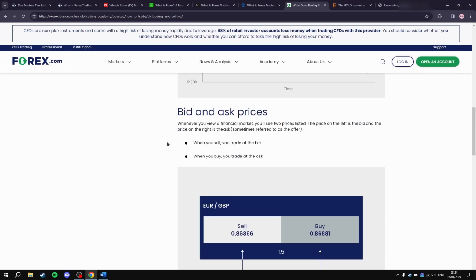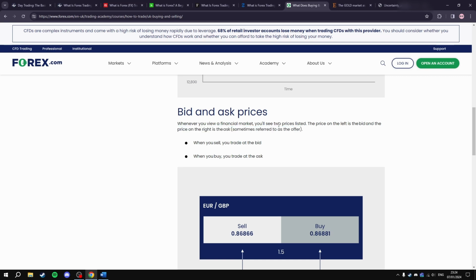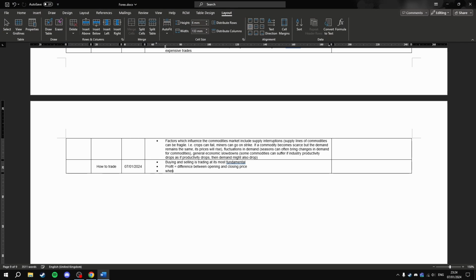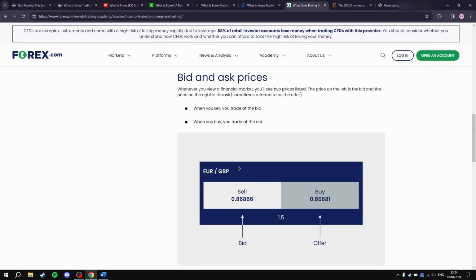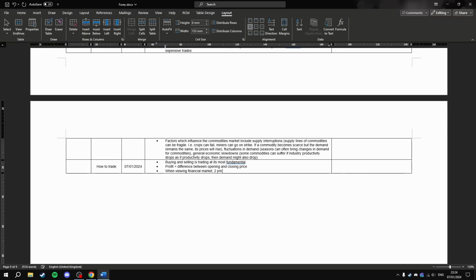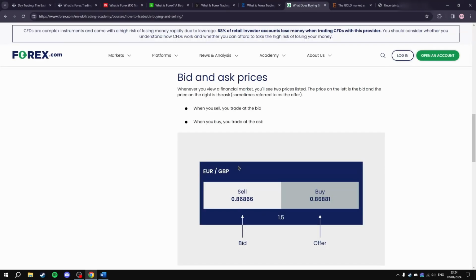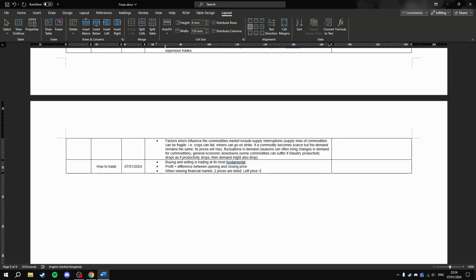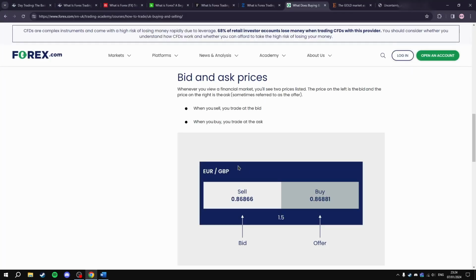Bid and ask prices. Whenever you view a financial market, you'll see two prices listed. The price on the left is the bid and the price on the right is the ask, sometimes referred to as the offer. When viewing financial markets, two prices are listed. Left price is bid, right price is ask, sometimes referred to as the offer.